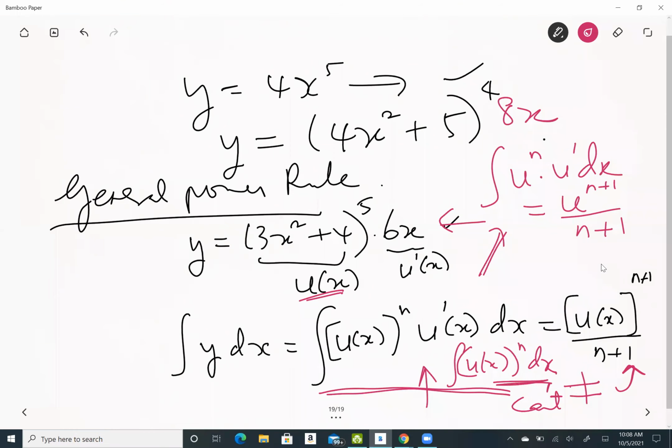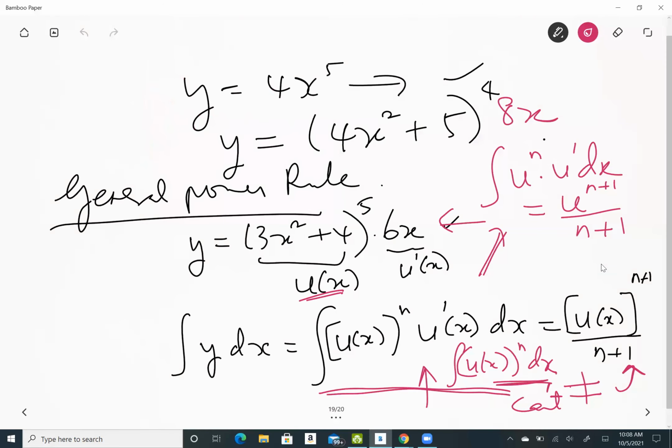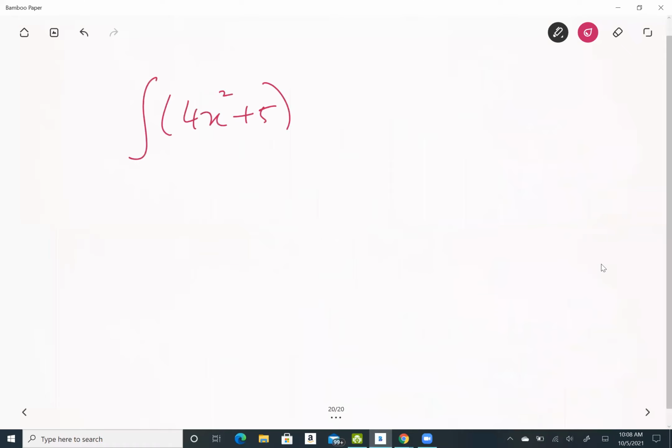So let's say you want to find the integral of that thing. I will use that example: 4x squared plus 5, everything to the power of 4, multiplied by 8x dx.